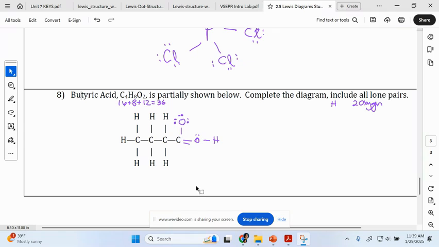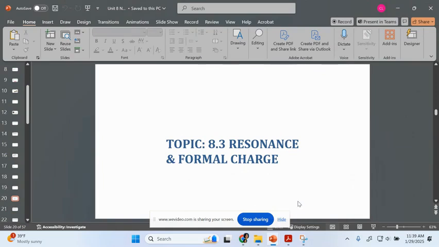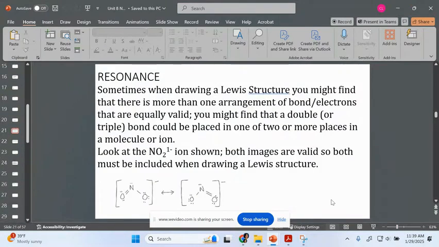All right. So that leads us into our discussion here of something called resonance and formal charge. Resonance is where you can draw a Lewis structure and find more than one arrangement where the electrons are equally valid. It typically happens where you have a double or triple bond that can be placed in more than one spot.